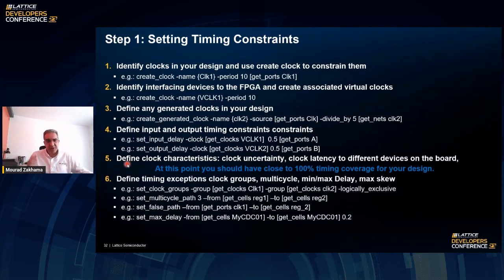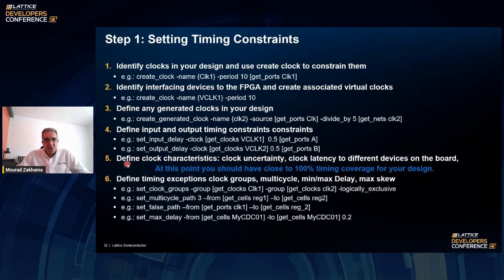I don't think you need to do more things, but you may in some situations be required to define some timing exceptions just to help the software meet the requirement for your design and understand better the different relationships that you have in your design in terms of timing.